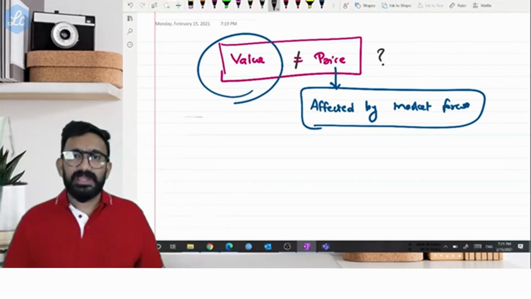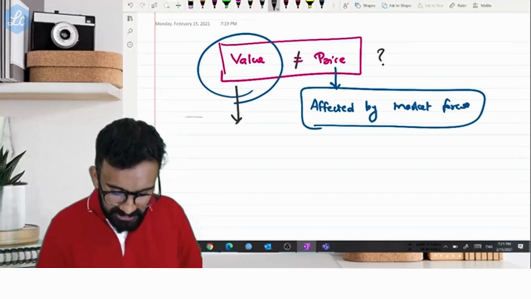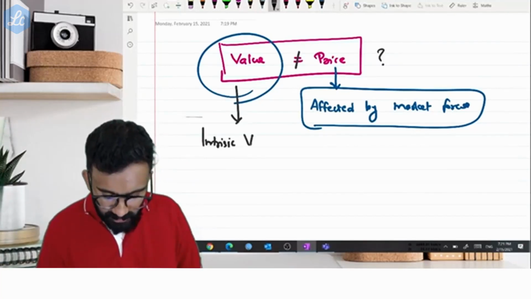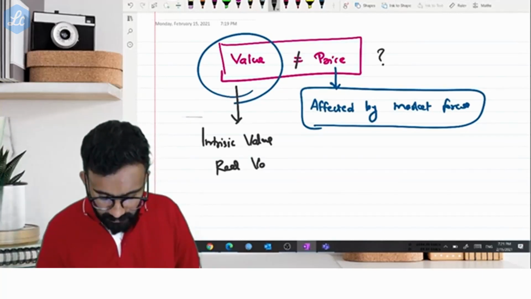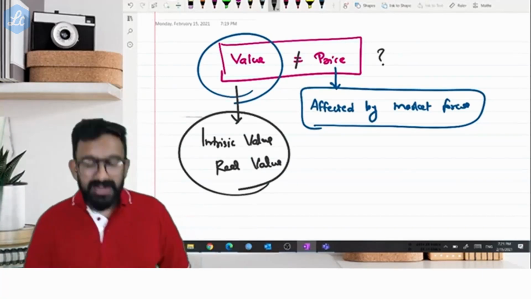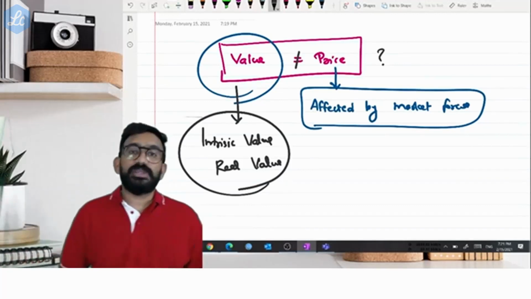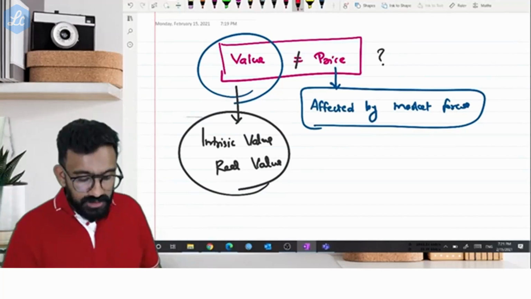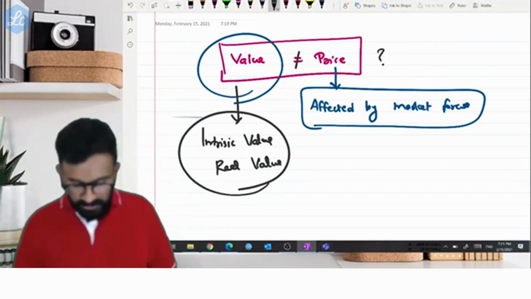But that does not mean the value, which means that we have a term that we're going to use called intrinsic value, or we can call this real value. So real value need not be the same as price. But there's one fundamental on which the valuation concepts operate.